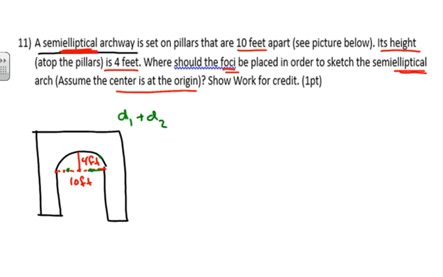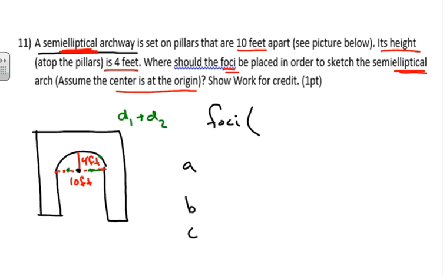So to do so, we have to figure out where the foci are. Now, when you're doing problems like this, there are 3 different letters that we use for distances from the center. And the center we know is at the origin. These letters are A, B, and C. These are very important.